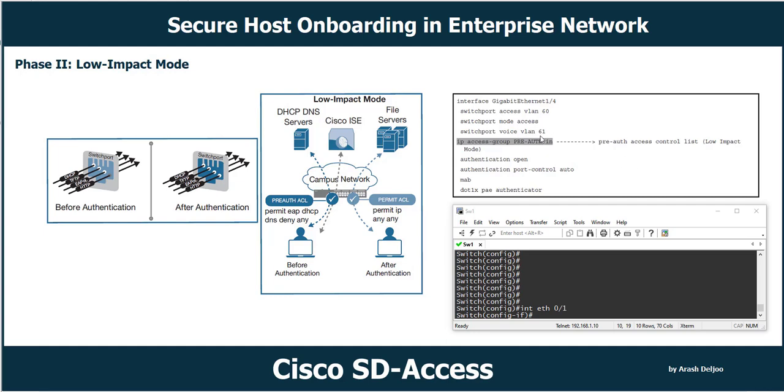Here you can see the configuration. For example, on the GigabitEthernet 1/4: switchport access, switchport mode, switchport voice VLAN, ip access-group pre-authentication in. This is the access list we configured previously. And after authentication, Cisco ISE will send to this edge node the ACL, and that ACL overrides the static ACL.